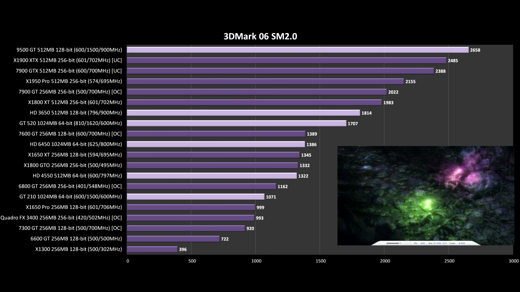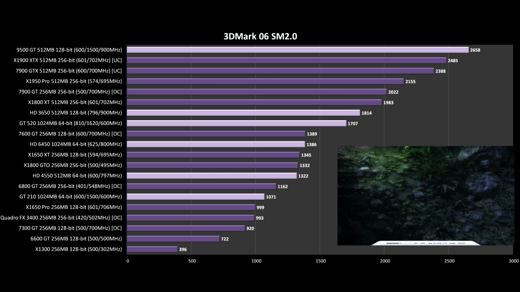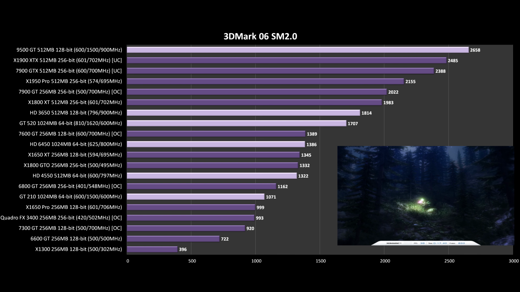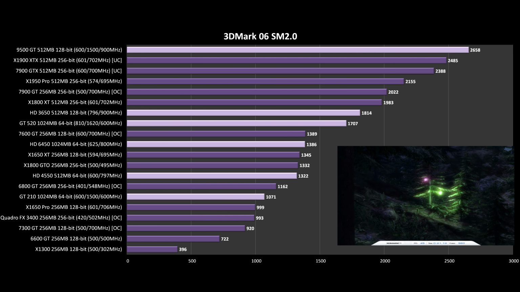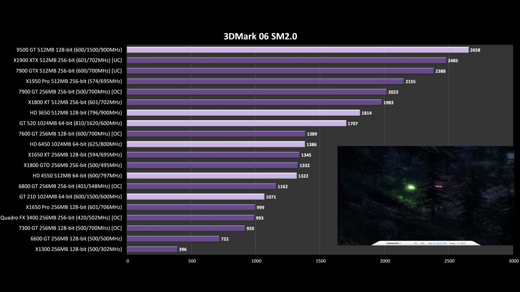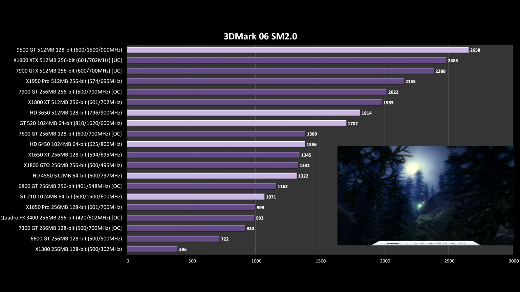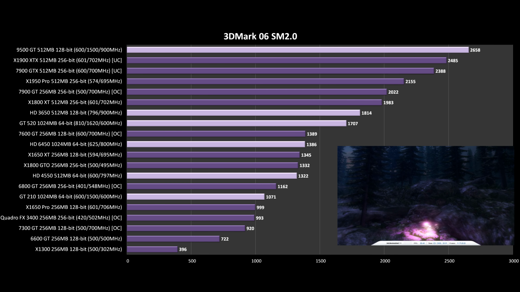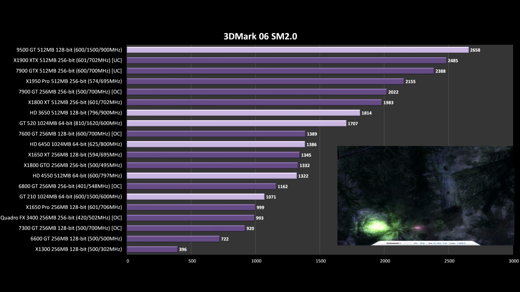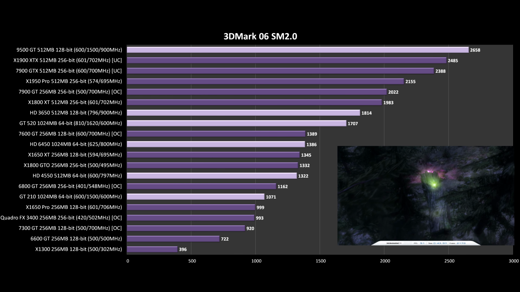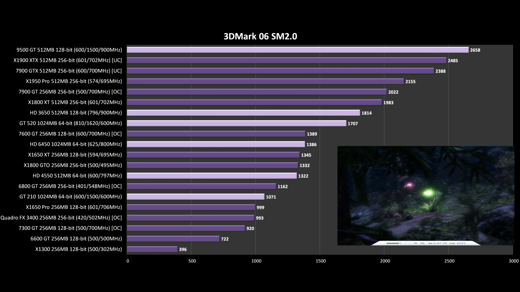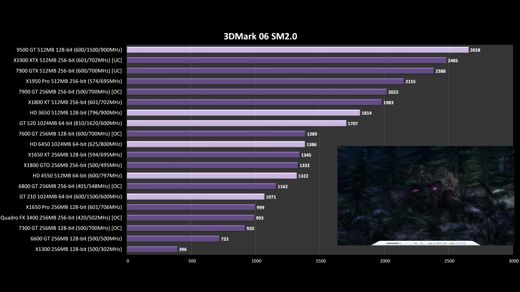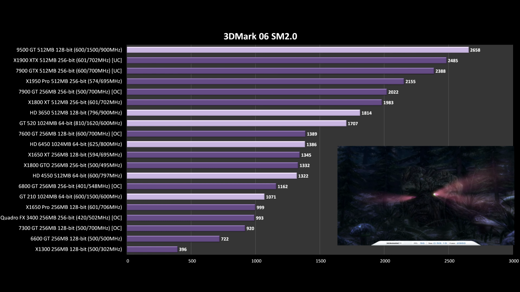HD 6450 and HD 4550 are both basically tied in performance with cards like X1800 GTO, X1650 XT, and overclocked 7600 GT. Even legendary Slowpoke, the GT 210, is faster than cards like X1650 Pro by 7% or Quadro FX 3400, otherwise known as 6800 GS, by 8%.